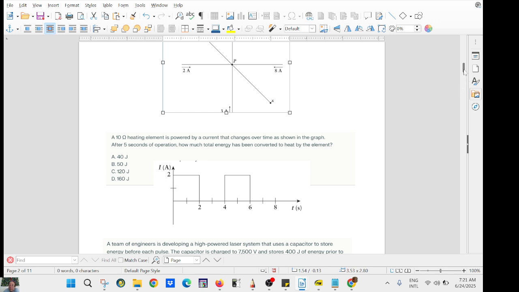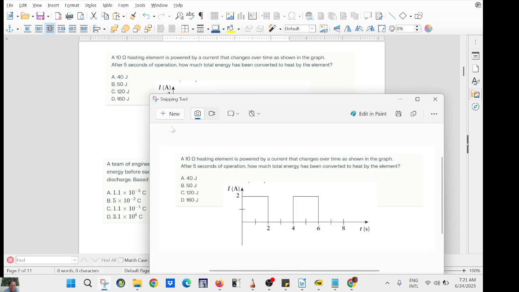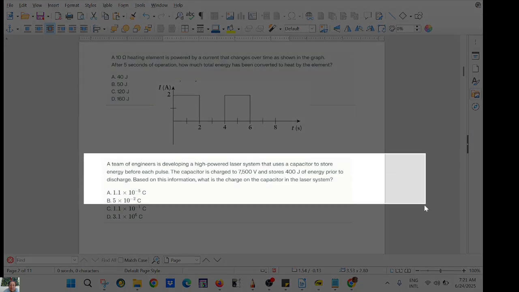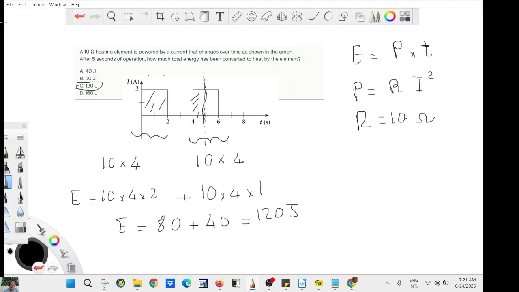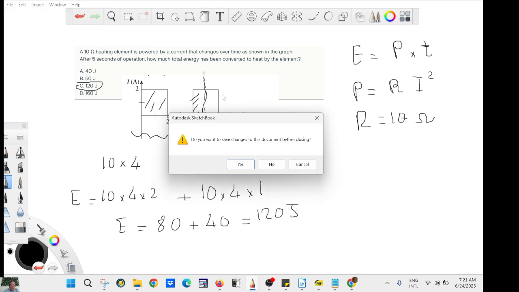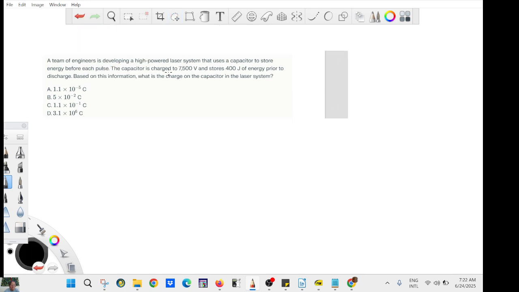Okay, so let's go to the next one. Sometimes they give you the equation for the energy that you store inside the capacitor. So again, you want to pause the video, but sometimes they give you the equation.